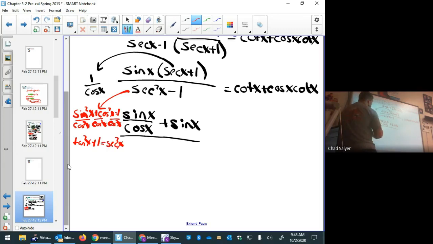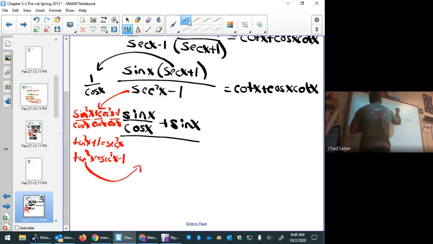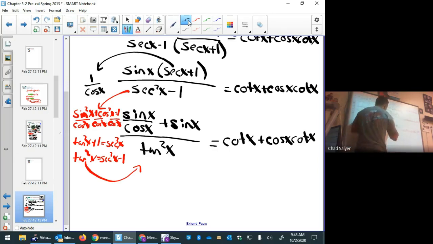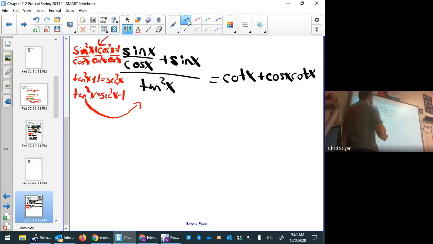Then if I subtract 1 from each side, I get tangent squared x equals secant squared x minus 1. So I can replace that denominator with the tangent squared of x. And we're still trying to get to here. Slowly but surely simplifying this left side. All right.